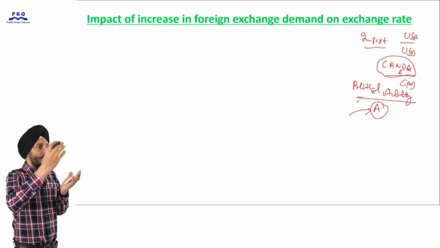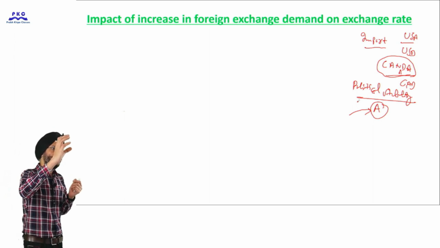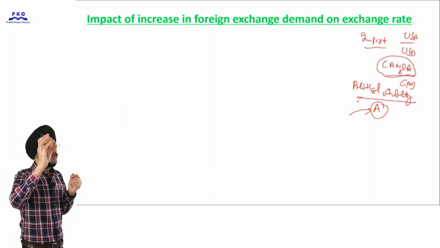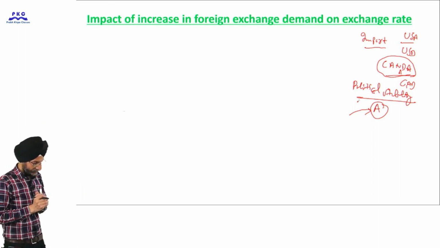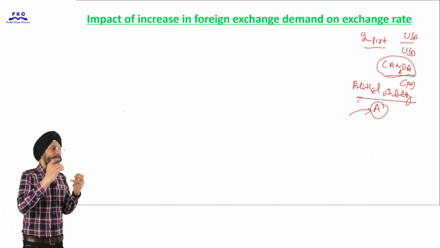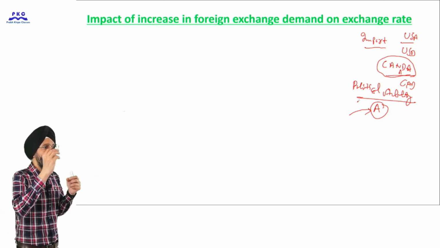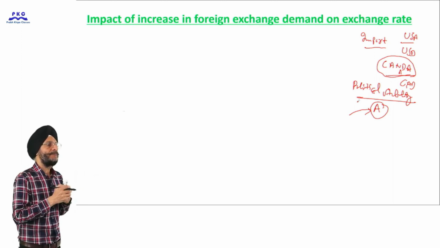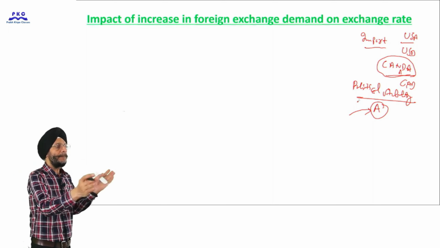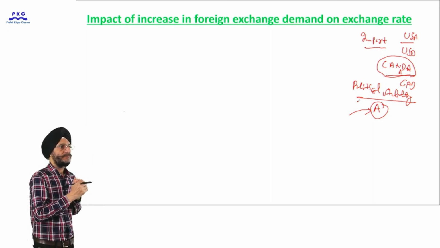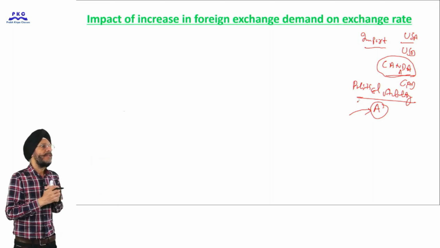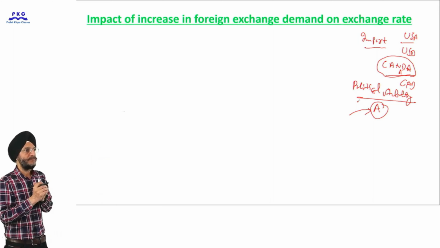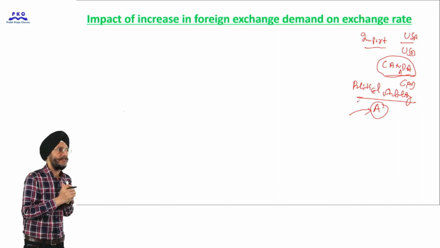So the demand for the currency of the country where there is political stability will rise. It may also be possible that the interest rates in a particular country are good as compared to other countries. It may be also the reason for increase in demand of foreign exchange.